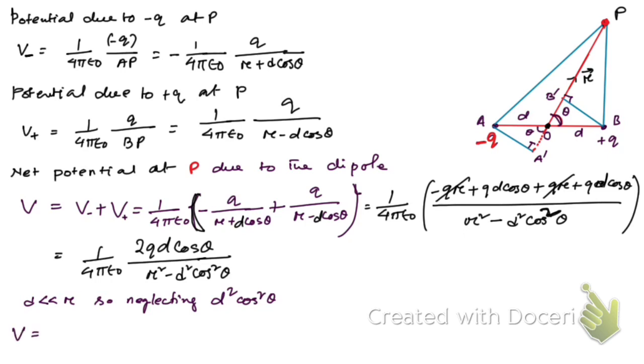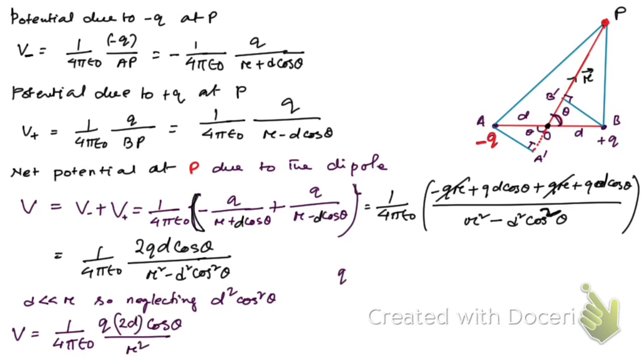V is equal to 1 by 4 pi epsilon naught, q into 2d cos theta by r square, right?